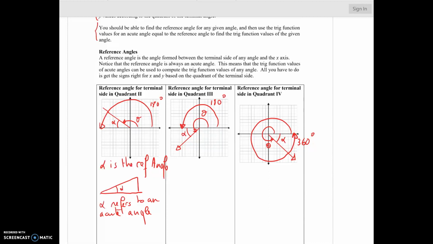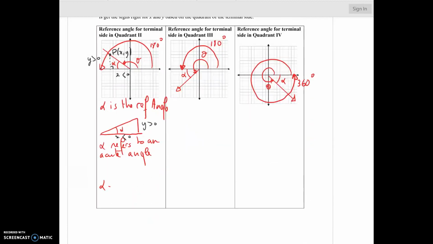Okay, remember, if I take a point P defined by coordinates x and y, I got a right angle, and I definitely see that x will be negative here while y on this side will be positive. So when I define my reference angle alpha, it's going to be equal to 180 minus my angle theta.